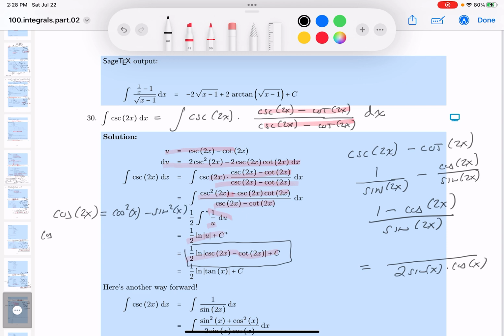You could write cosine in terms of sines and vice versa. I could write it as 1 minus 2 sine squared x. Cosine squared is 1 minus sine squared, so it's pretty easy to do that. And then over here it's going to be 1 minus cosine of 2x.